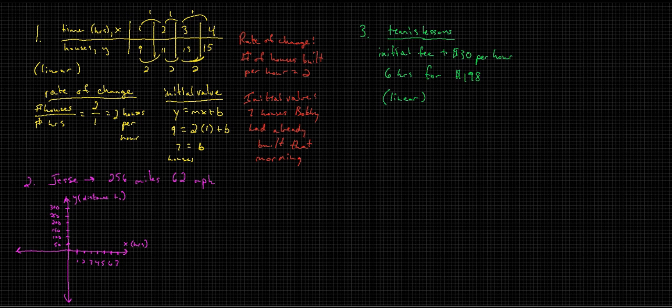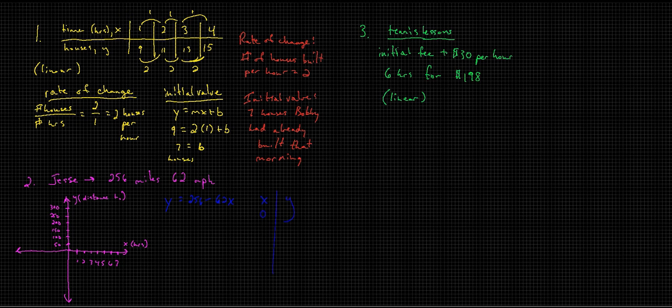So first we're going to write an equation. So y, the distance from the destination, equals 256 minus the 62 miles per hour times the number of hours, x. So at 0, we plug in x equals 0.